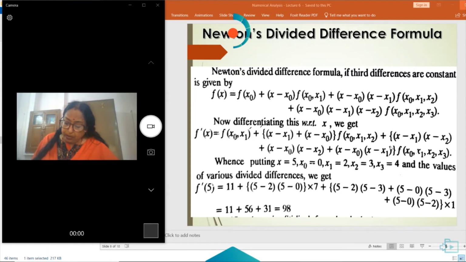When we have to find the value of f dash 5, put x is equal to 5. x0 is 0, x1 is 2, x2 is 3, x3 is 4, and so on. So f dash 5 is equal to the first value f x0 x1.